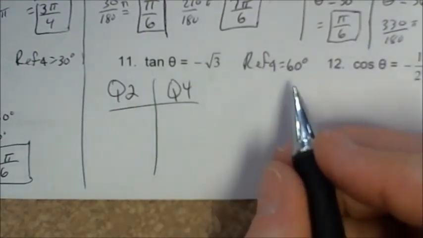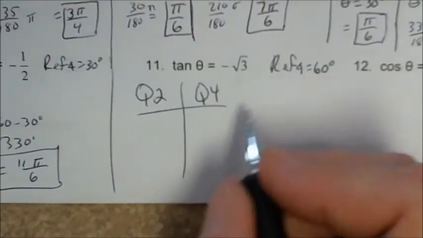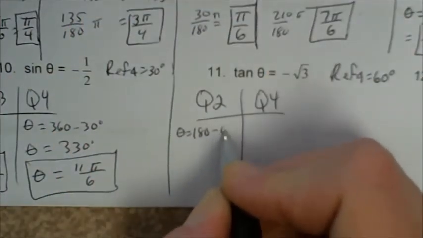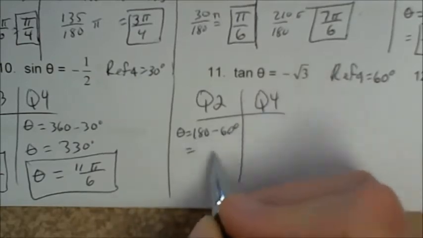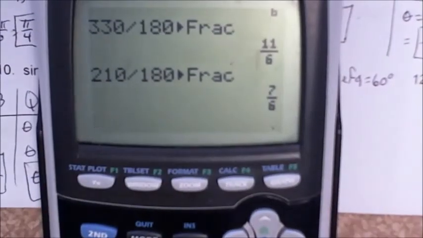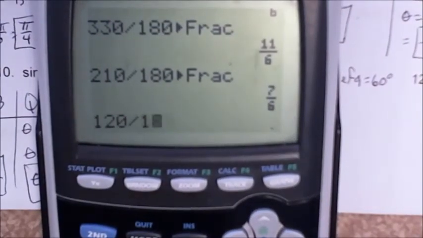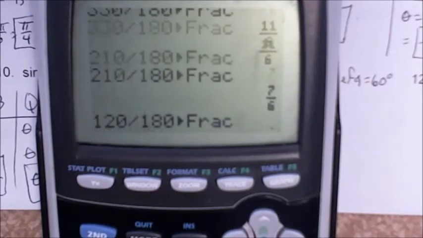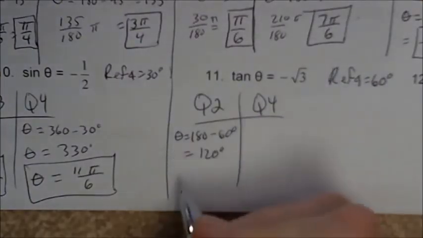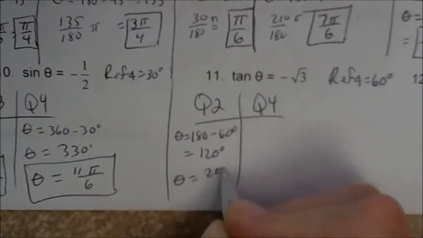And you can check these on your blue sheets also. So in quadrant 2, we're going to do 180 minus the reference angle. 180 minus 60 is 120. And I don't think we've converted 120 to radians yet, so let's do that on our calculator. 120 divided by 180, math, frac. 2/3, so it's 2 pi over 3. There's our first answer.